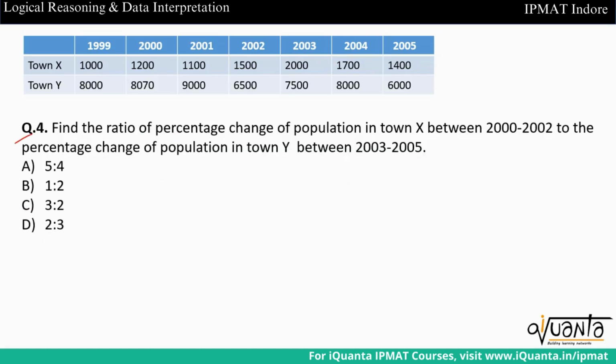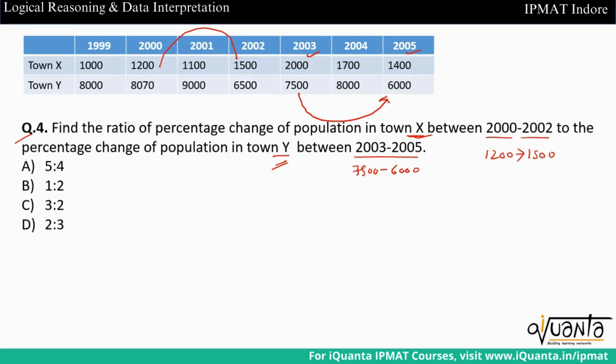Find the ratio of percentage change of population in town X between 2000 to 2002 to the percentage change of population in town Y between 2003 to 5. Now in town X between 2000 to 2002, the population has increased from 1200 to 1500, and in town Y between 2003 to 5 the population has gone down from 7500 to 6000.